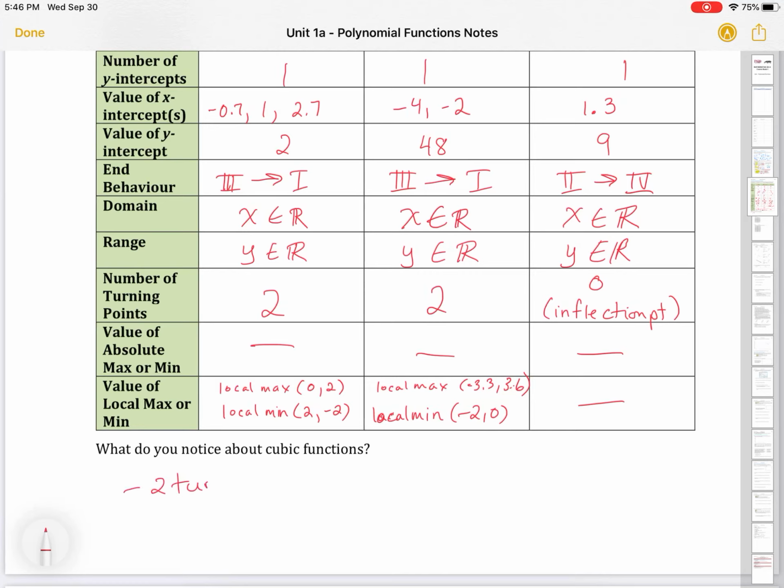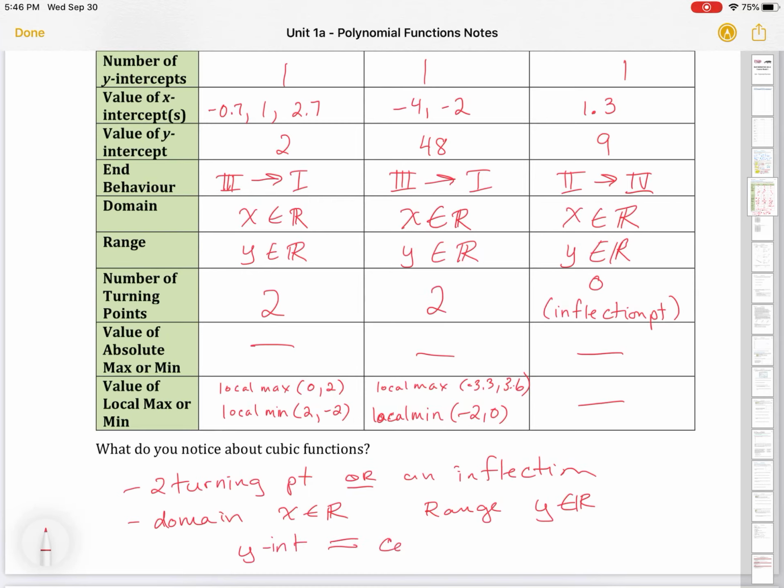So we may notice with cubic functions that we either get 2 turning points or an inflection. Our domain is x is in the set of real numbers, and our range is y is in the set of real numbers.